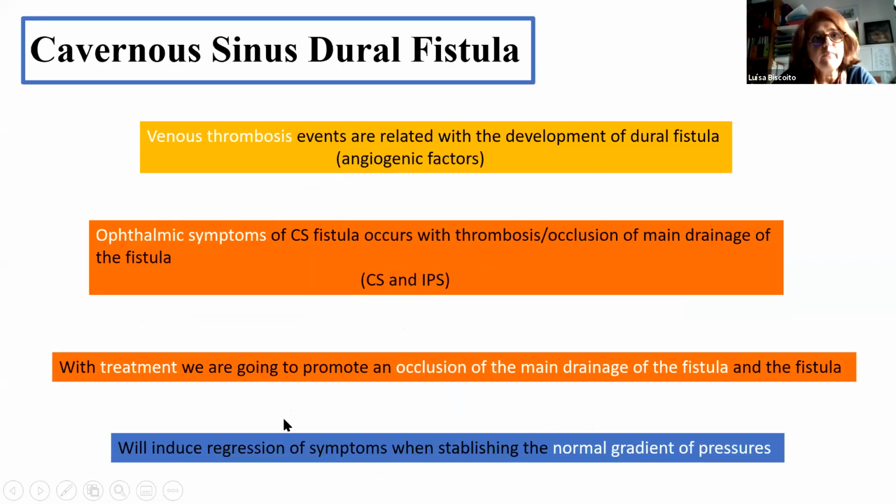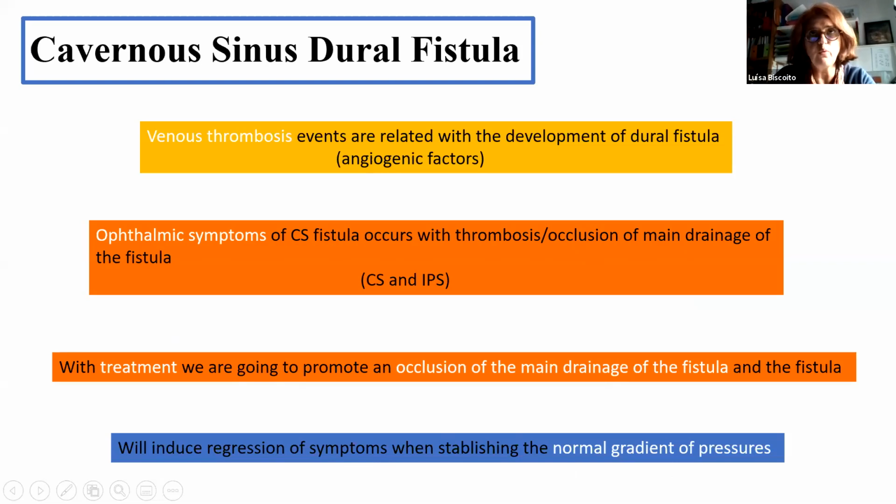We know that venous thrombosis events are related with development of dural fistula. We know that ophthalmic symptoms of cavernous sinus fistula occur with thrombosis and the occlusion of the main drainage of the fistula. With treatment, we are going to promote an occlusion of the main drainage of the fistula and the fistula itself, and will induce regression of symptoms when establishing the normal gradient of pressure.